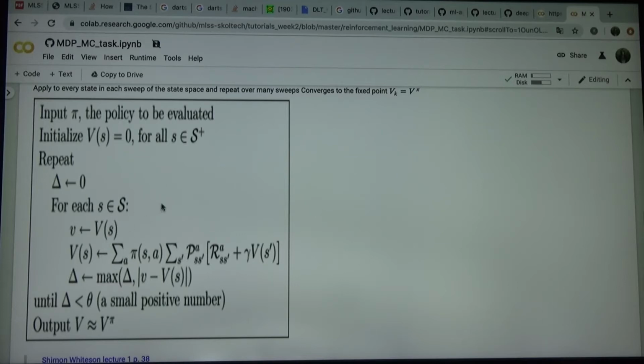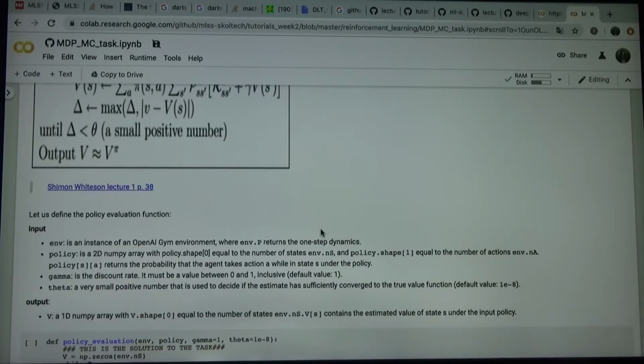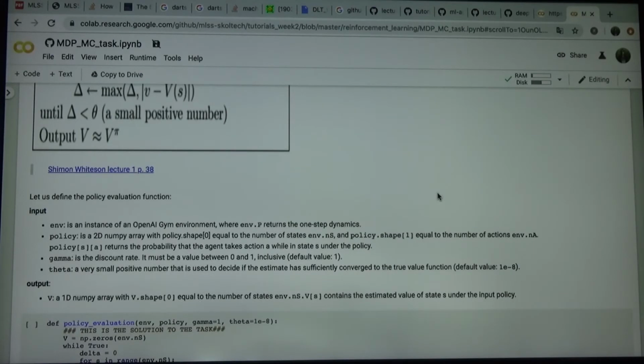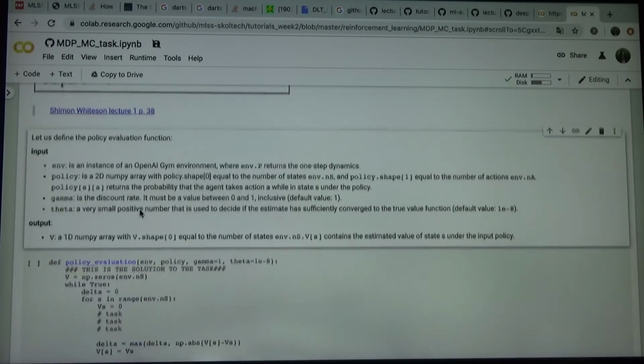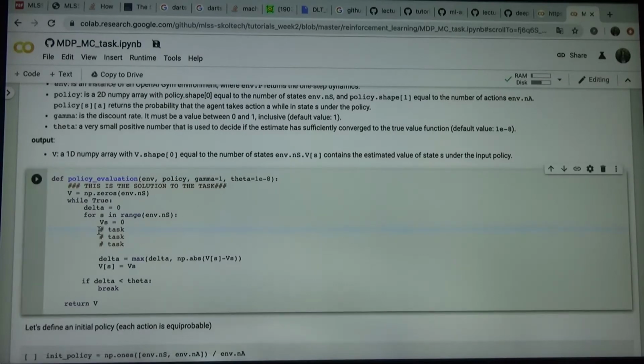And so here is the algorithm from the lecture, and let's define a policy evaluation function which will be doing this. I'm going to be doing this with you. I already have some basic framework of how we're going to do this.